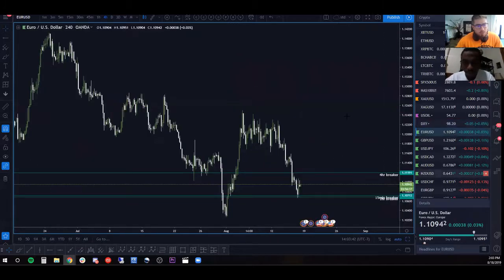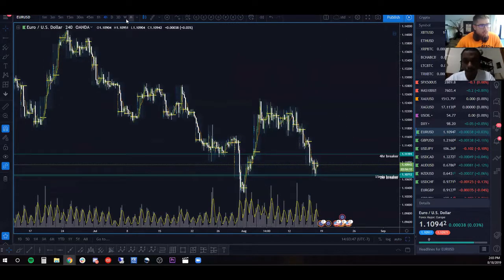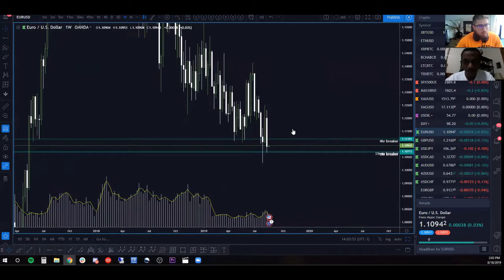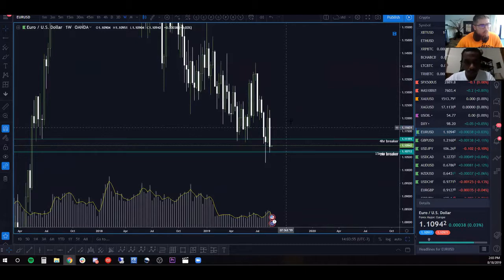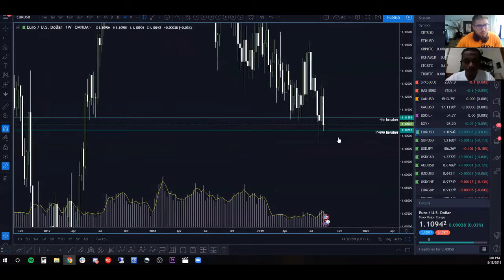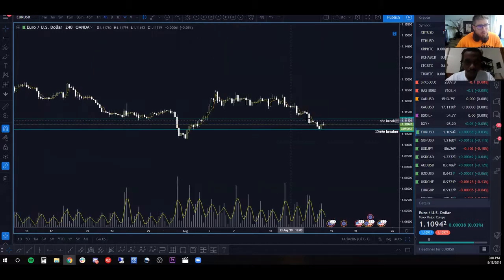The Euro USD is a little bit opposite. We were looking at a long on the Euro USD, but it did break down. I was looking at a long back around these levels because it's a weekly candlestick, and we did create this giant wick here. I was quite bullish, but unfortunately we were wrong on that.